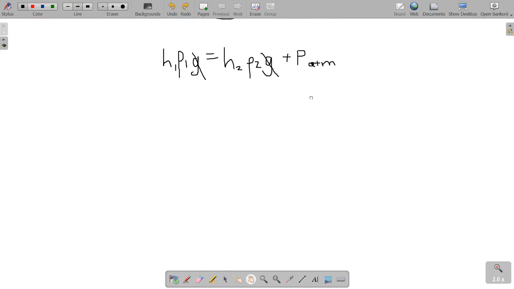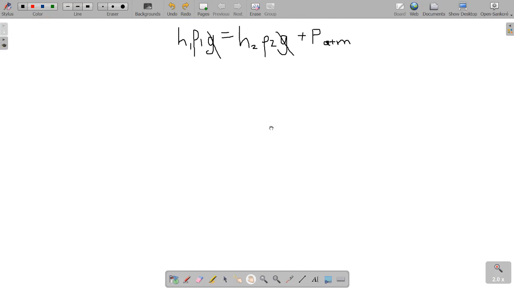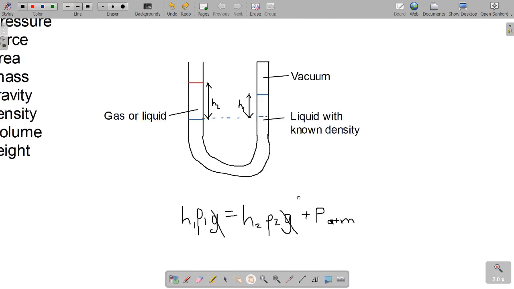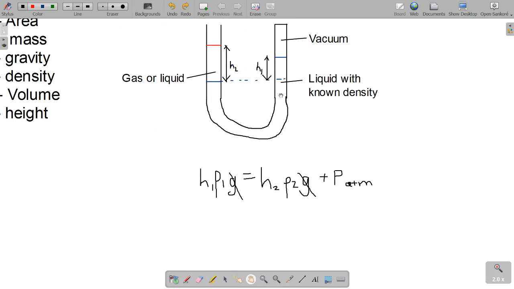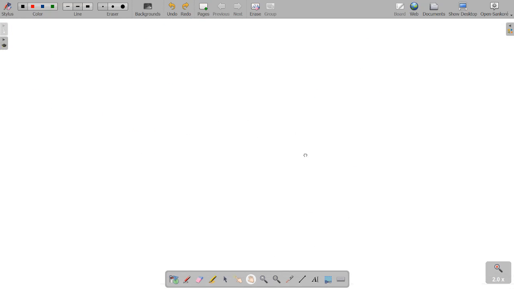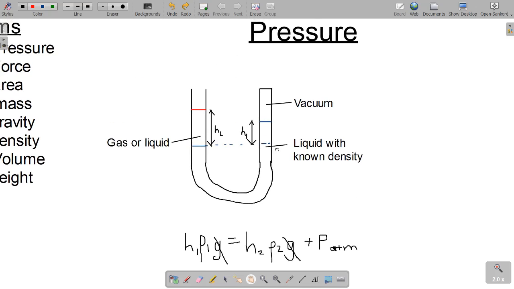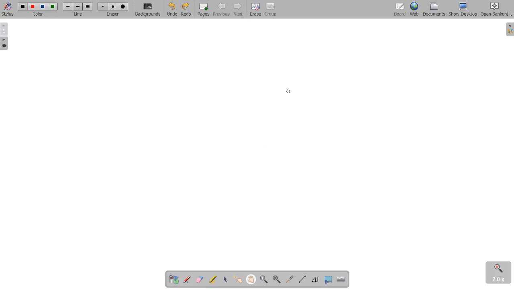In fact, most of the time in barometers and manometers, we don't use water, we use mercury instead of water, because mercury is much denser than water. The height required is going to be much less.